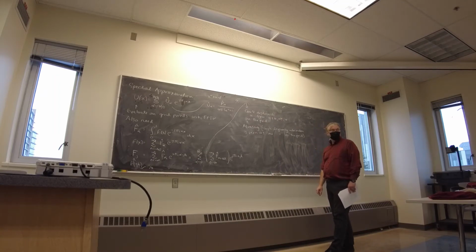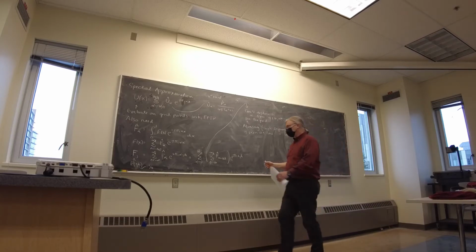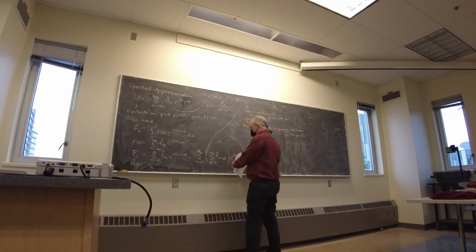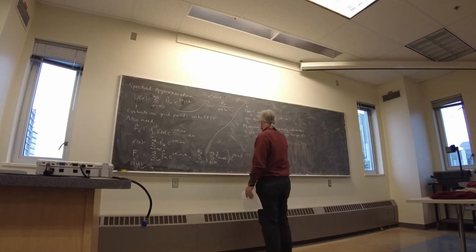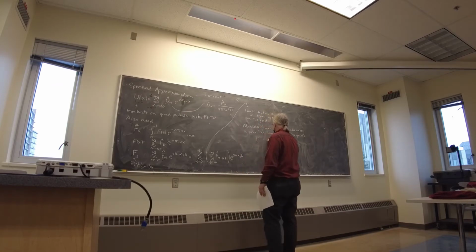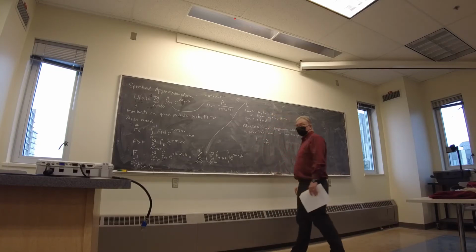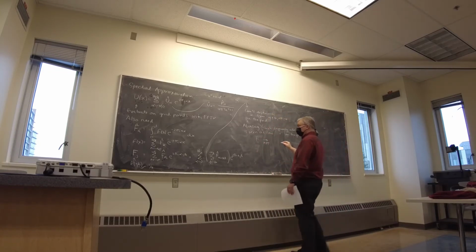But I haven't changed anything, because of this property. But this now looks like a discrete Fourier thing. So that means if I take my values of f on the grid and I do the fast Fourier transform, so this is also fast, I'm going to get some things.